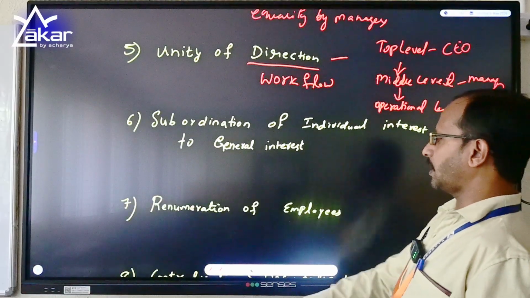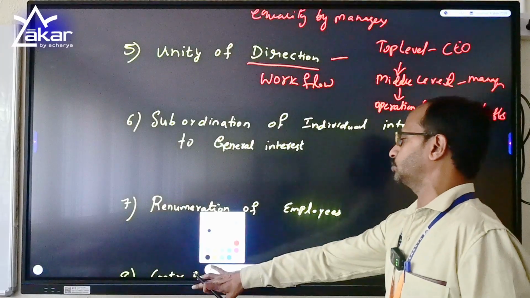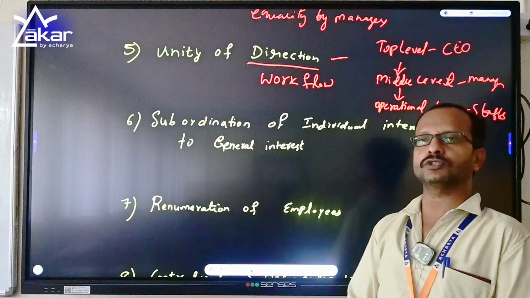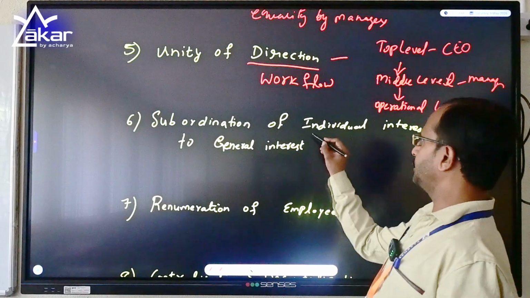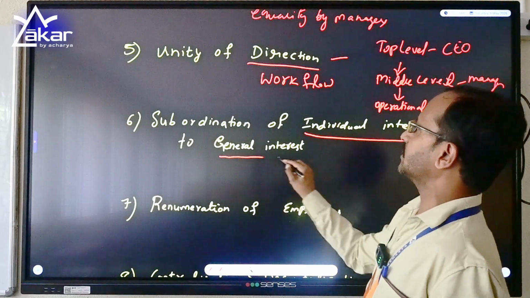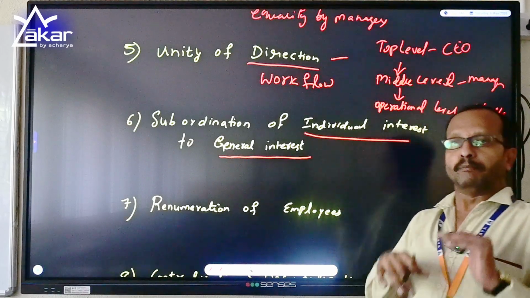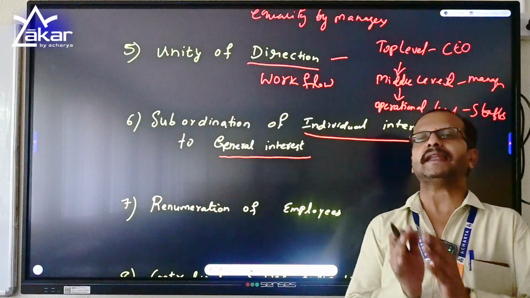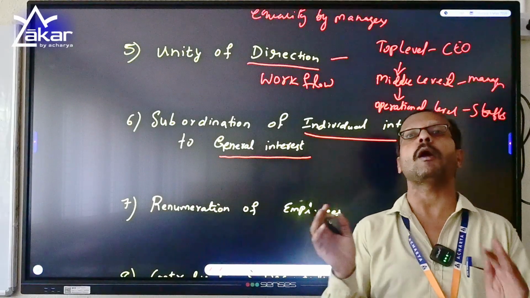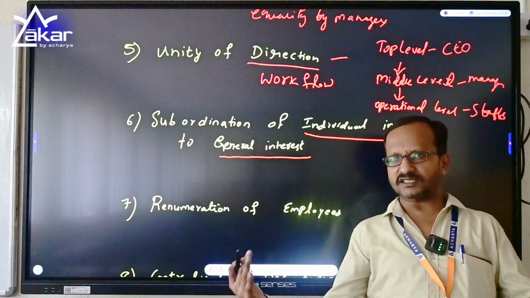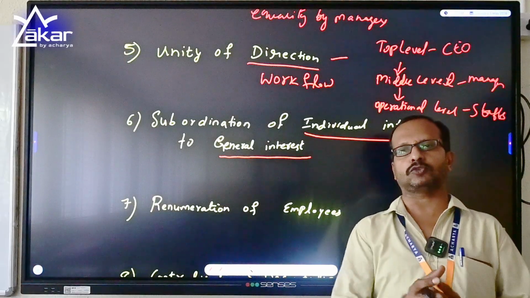Sixth one, subordination of individual interest to the general interest. There are two kinds of interest in management. One is individual interest and one is general interest. Make an employee think that his individual interest should be a common interest. Merge the interest of all the individuals to achieve the goal.